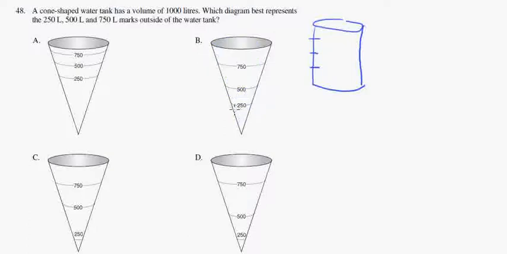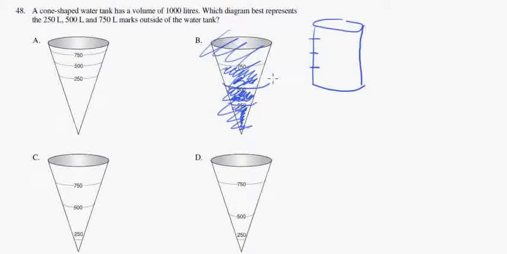At the 1/4 mark here, and if I look at the halfway mark here, the amount of volume contained in this portion is way less than the amount of volume contained in this portion. That's why it can't be B, because this portion has way more volume than this portion, yet they're supposed to be the same. So this cannot be the right answer.